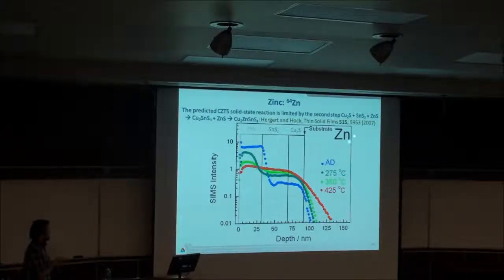Once you proceed with increasing the temperature, only at that time, somewhere closer to 400 C, zinc sulfide starts to penetrate this three-component material, and finally at 425 C, 450 C, it creates nicely defined copper zinc tin sulfide material, which was also proven independently by XPS and by Raman spectroscopy.